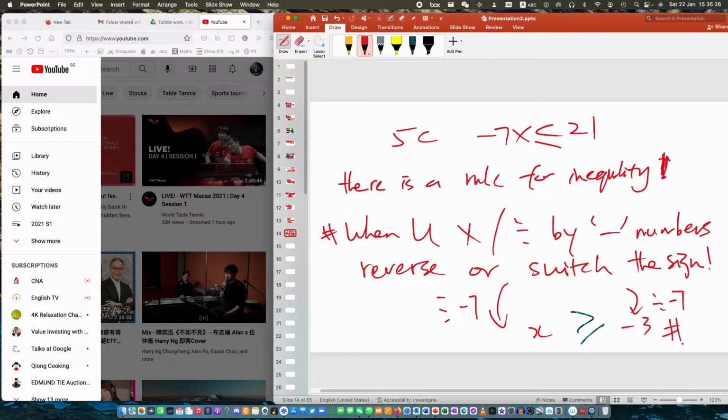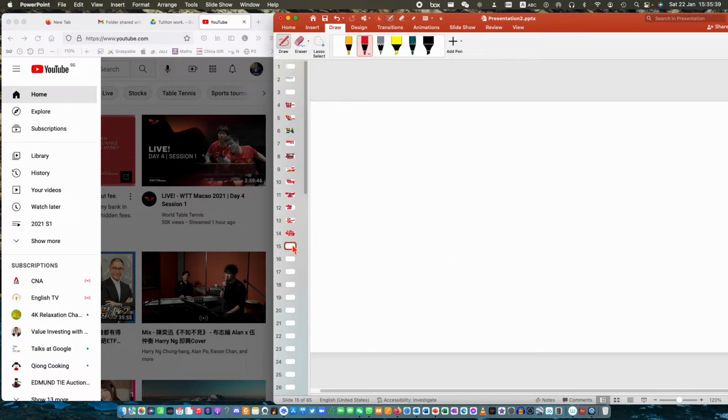What's the rule? Cannot refer. Close your eyes. Repeat. Okay, good. If you times or divide by negative number, you must switch or reverse the sign. Can you give me a more smooth speech?